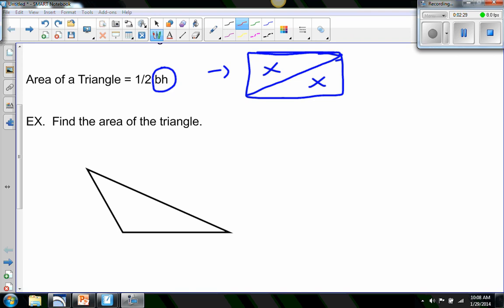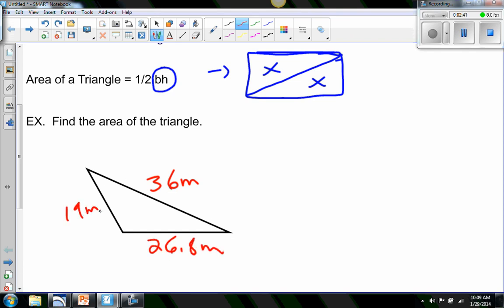I'm going to plug some numbers in here. So let's say this is 36. The second longest side is 26.8, and the shortest side is 19. Okay, and then I'm going to have to find the height.